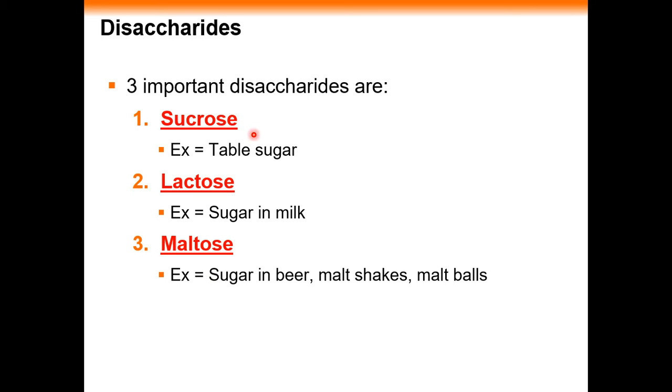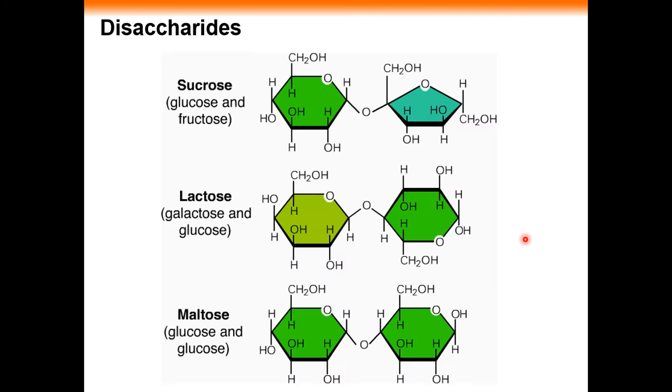Here are 3 examples: sucrose, which is the stuff in table sugar; lactose, the sugar in milk; and maltose, the sugar in beer and malt beverages and malt shakes, and malt balls, Whoppers, right? So it's just a combination. Sucrose is glucose and fructose. Put those together, you form sucrose. Lactose is glucose and galactose, right?